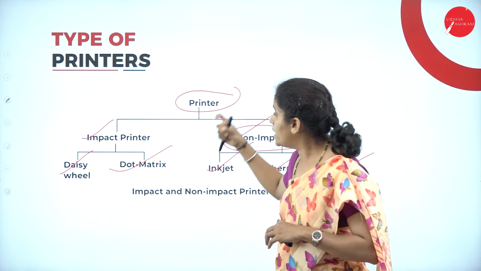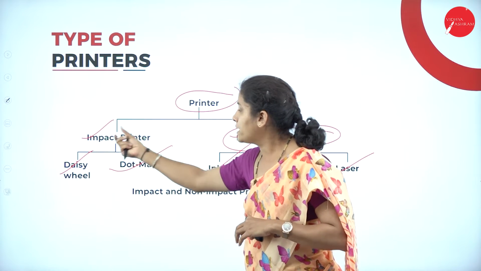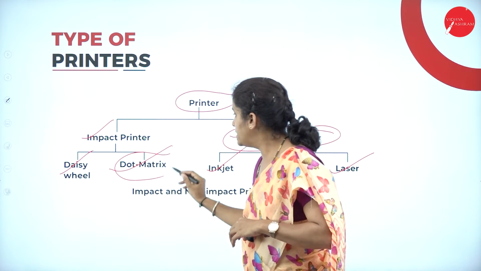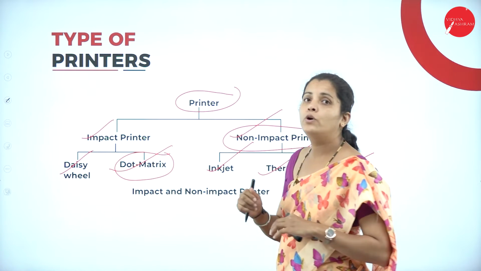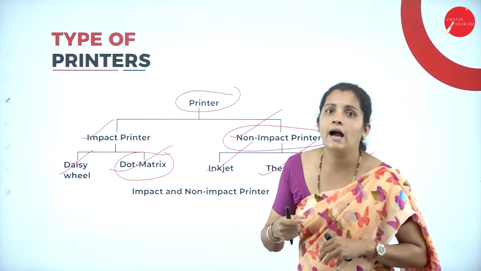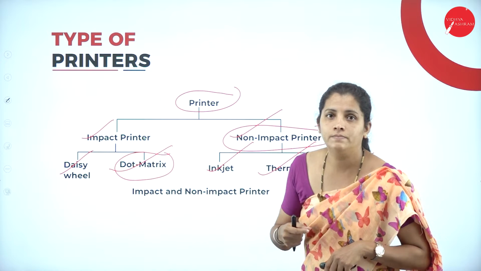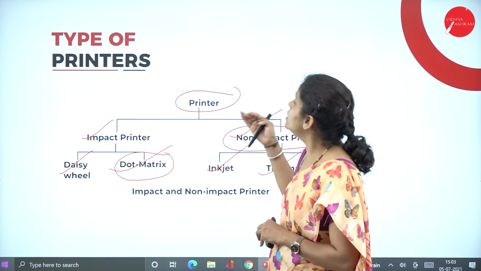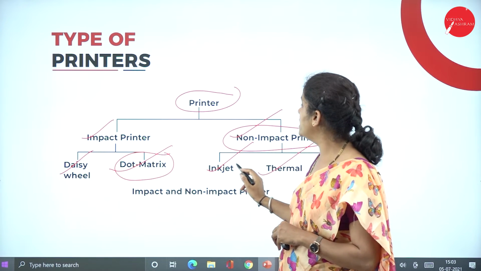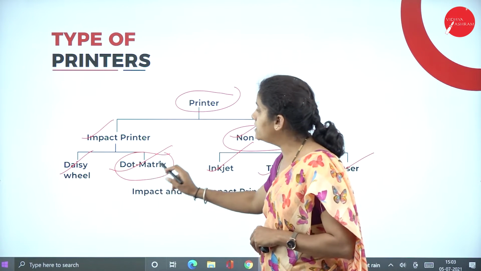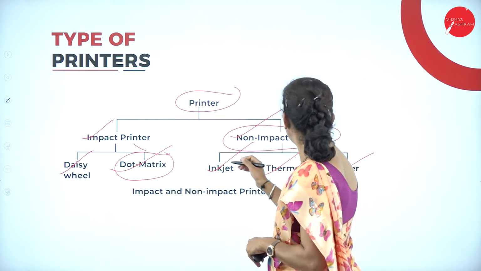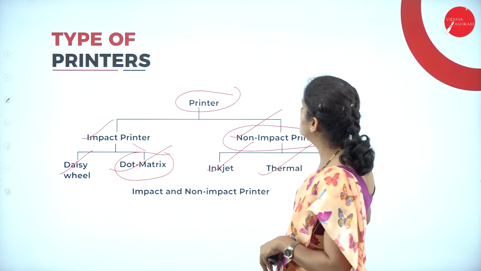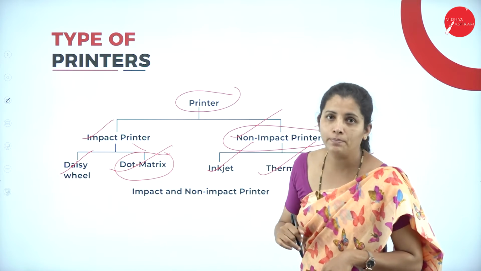That means one topic from impact printers, the dot matrix printer, and from non-impact printers, we are going to study the inkjet and laser printer.